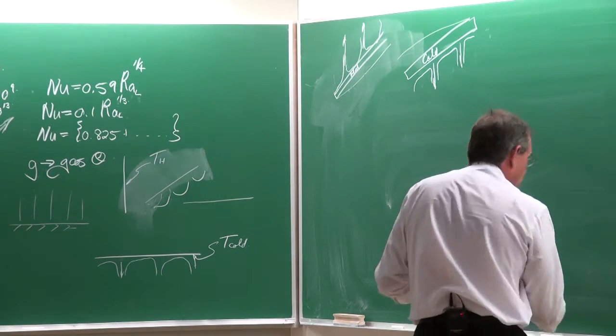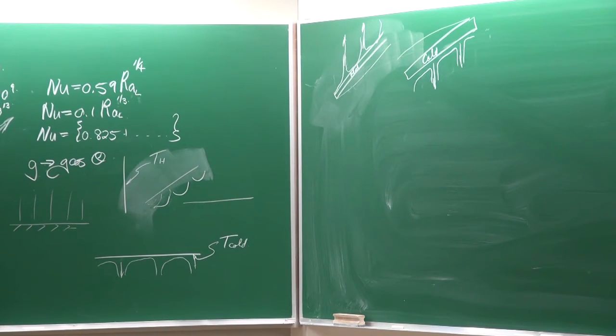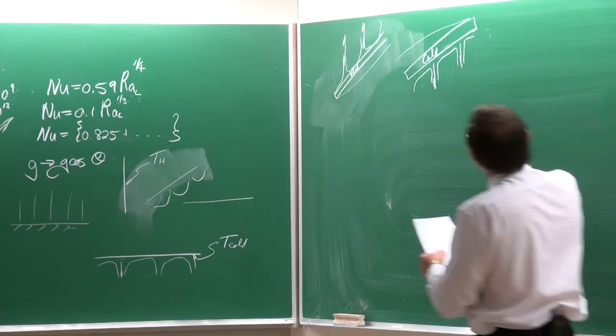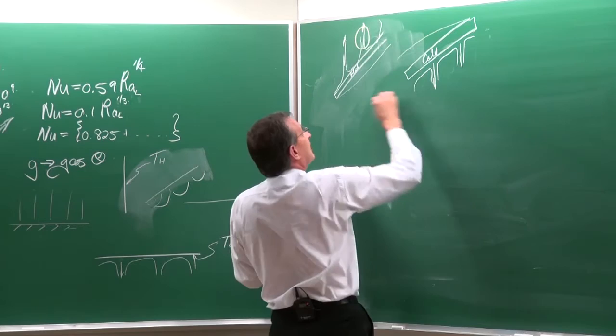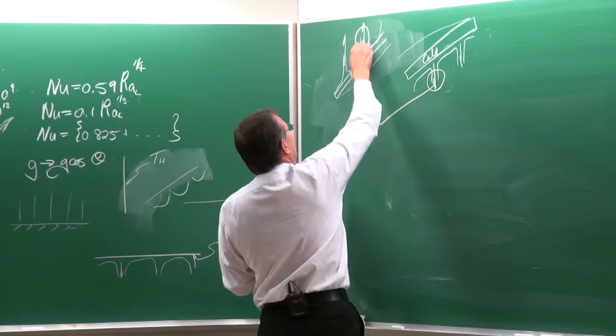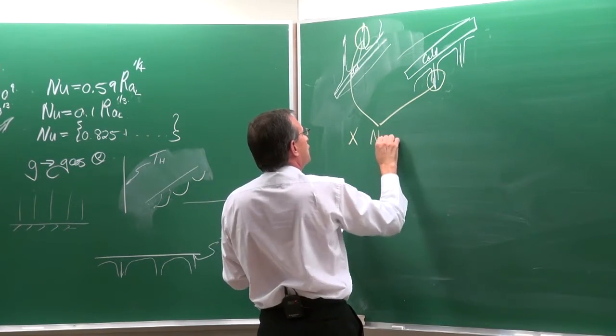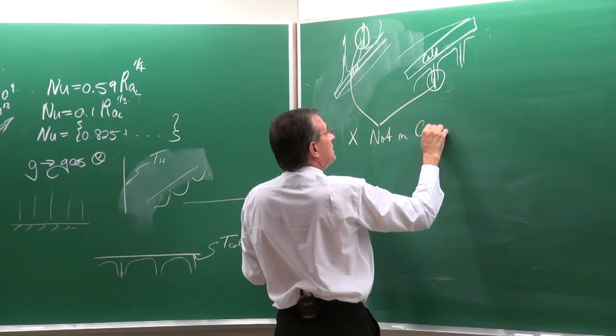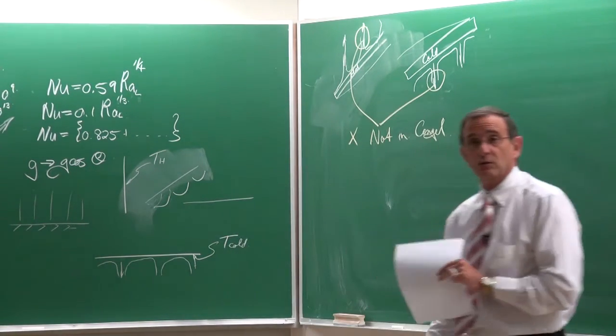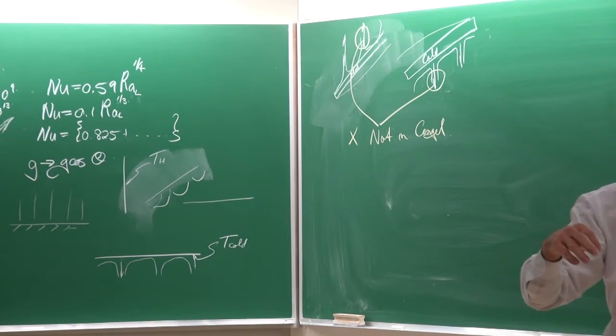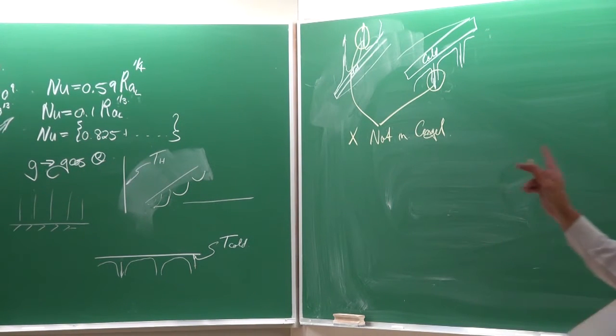So the moral of the story with the flat plates is that that case and that case is not in Cengel. And if you go and look at the text, it will also tell you that, and it would say that you have to go and look in other literature to get those two cases.